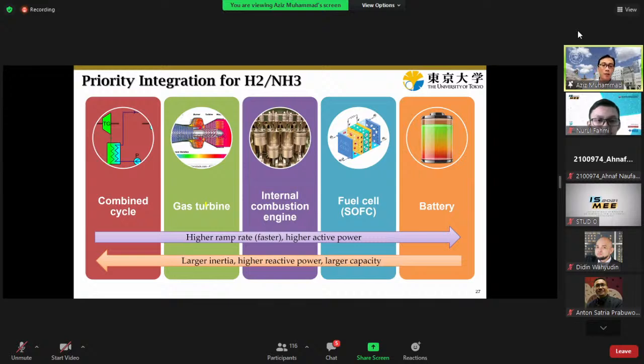So the problem is that when we utilize hydrogen only for quantity services, it means we produce electricity, and the electricity is only sold for quantity services. So we think this hydrogen price cannot be covered at all. The important thing is how we can move from quantity services to quality services.